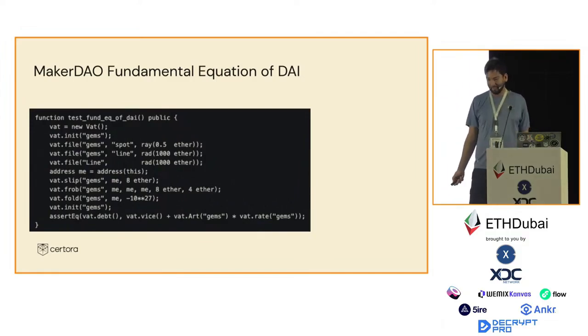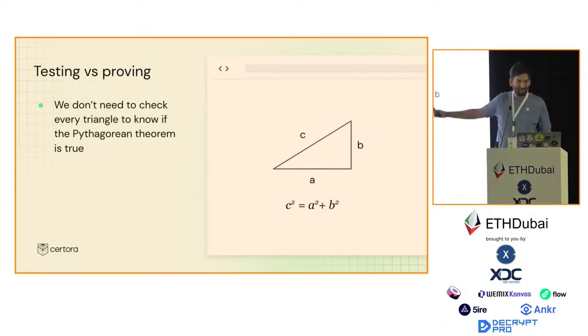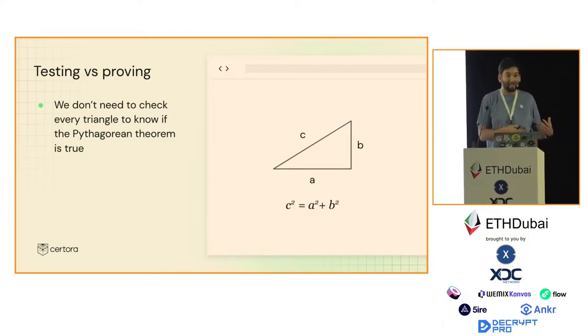So what can we do? If we go back to school for a moment, we have all learned the Pythagorean theorem. The Pythagorean theorem was proven to us, and we know that it's true for every right-angled triangle. And we know this without actually checking all the different triangles in existence, which is basically what we were trying to do with fuzzing.